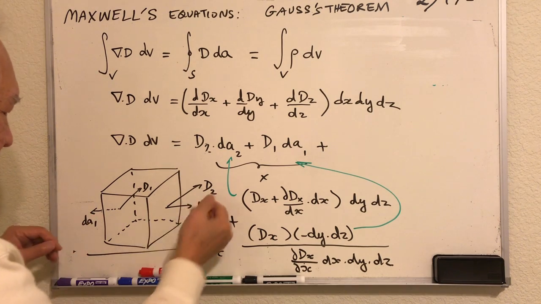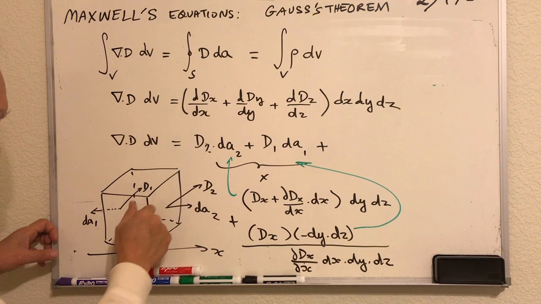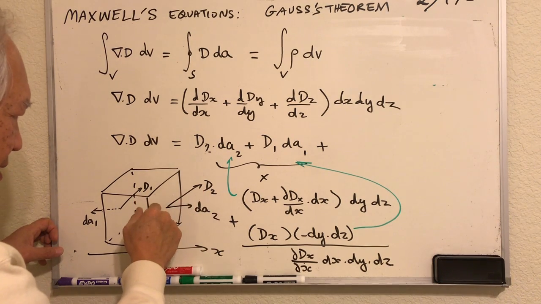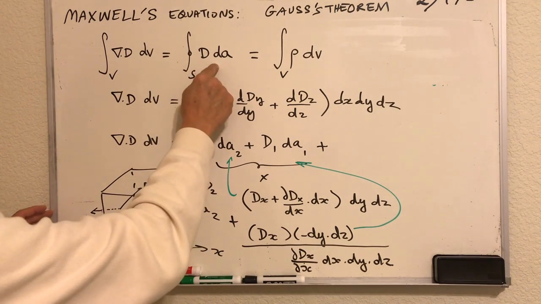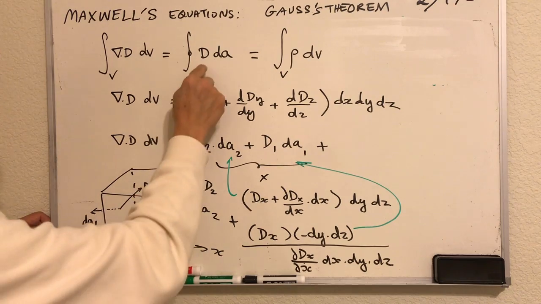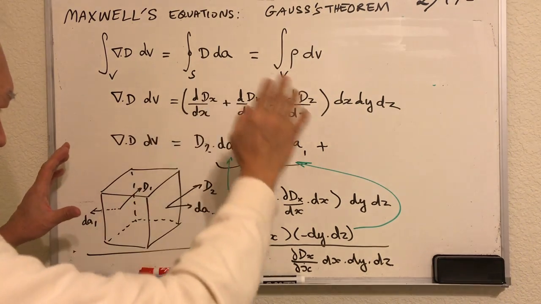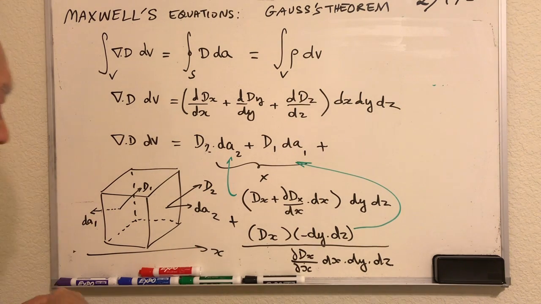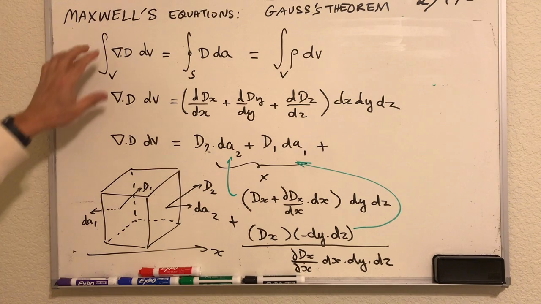Because as I said, it is the same vector, but one surface is facing oppositely to the other surface. That leaves all the outside, which basically goes back to the integration of the value of D times the area, but you take it over the entire surface area.